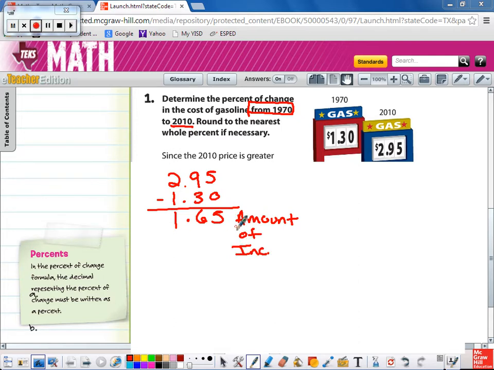$1.65. So I'm going to go back to my original formula, which was percent of increase, and that is going to be the amount of increase over my original.